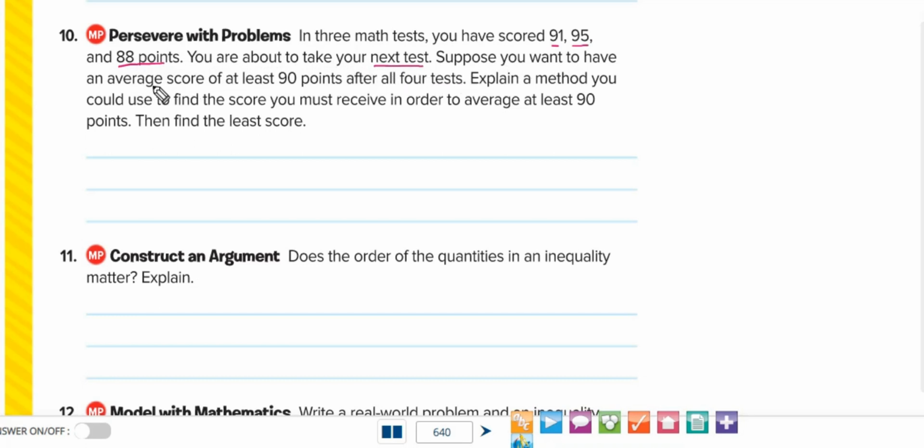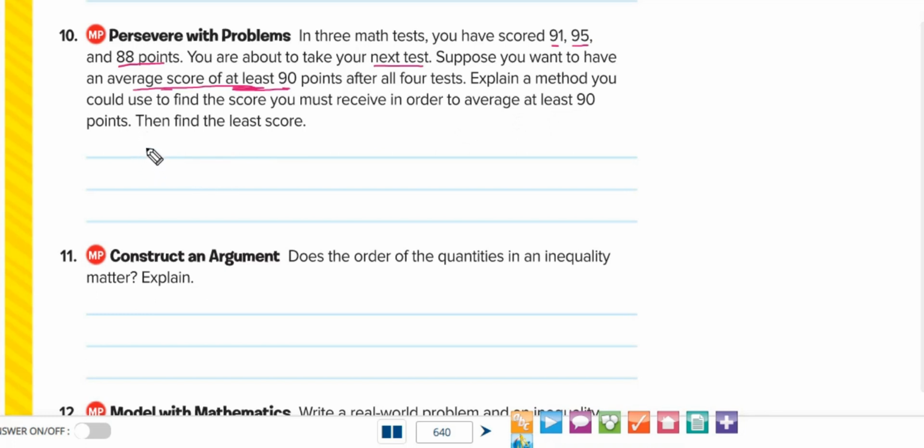Suppose you want to have an average score of at least 90, which means 90 or more, after all 4 tests. Explain a method you could use to find the score you must receive in order for the average to be at least 90 points. Then find the least score.